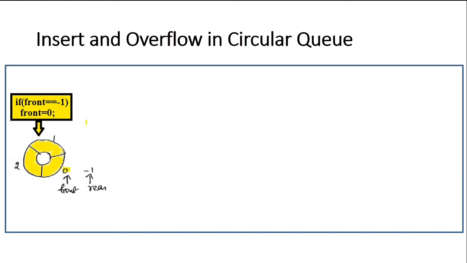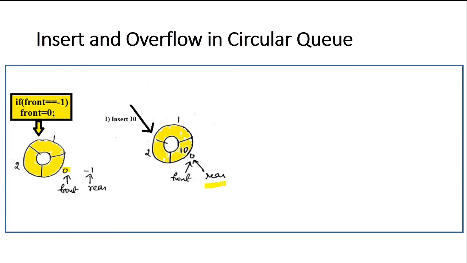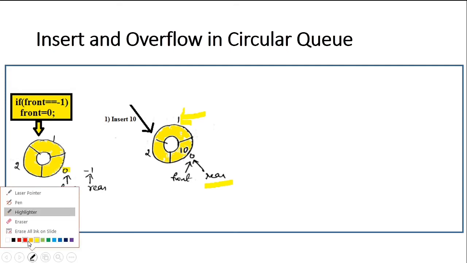That is the first step you need to do in the circular queue. Then if I want to insert something, increment rear by 1 so that rear will point to the 0th position and insert the element. If I want to insert one more element, I will increment rear by 1 and insert the element.